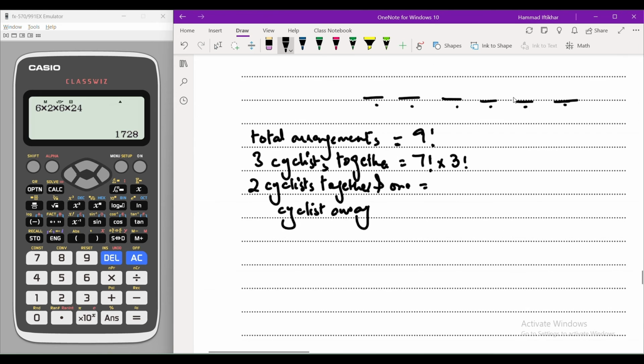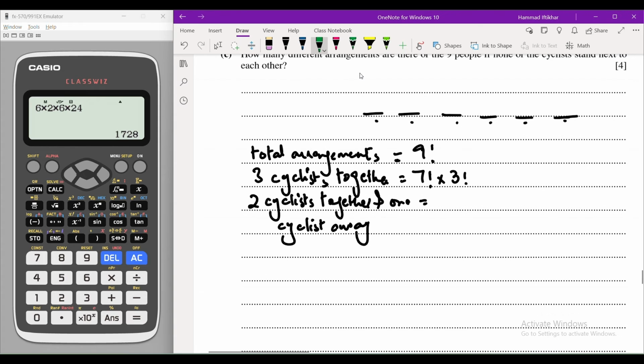So 2 cyclists stand together as 1. So this means that we have 2 cyclists in one place and 1 cyclist somewhere else. We have 6 other people, so for them we can do 6 factorial.